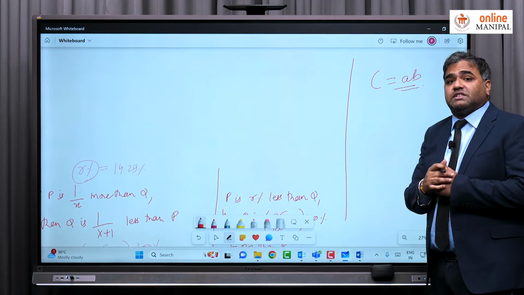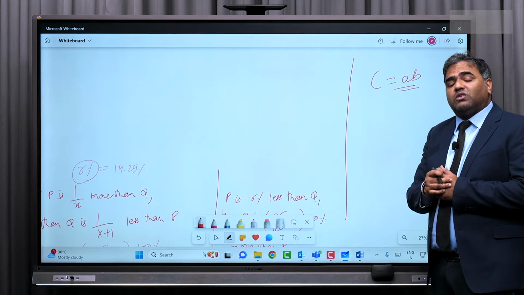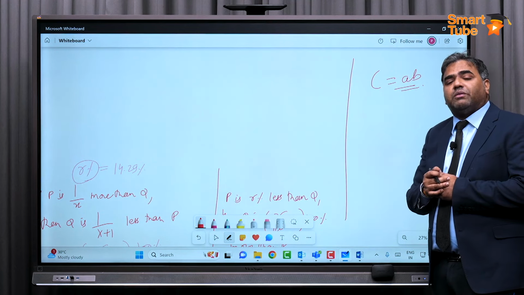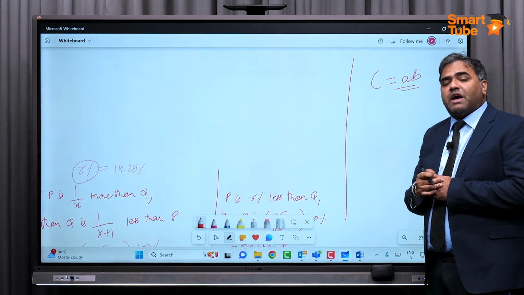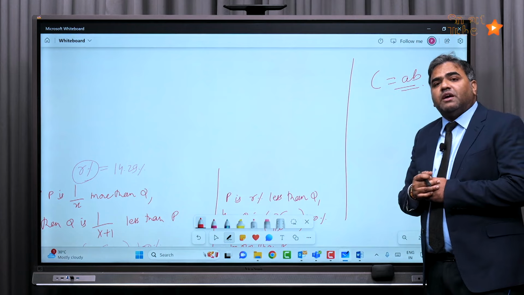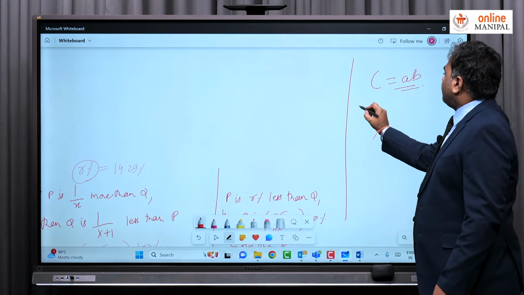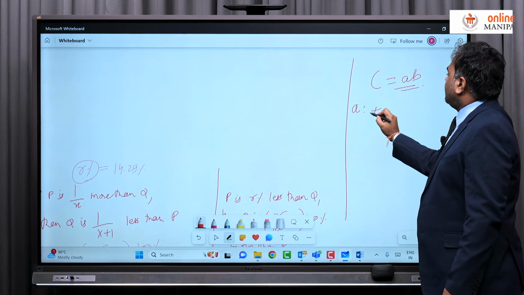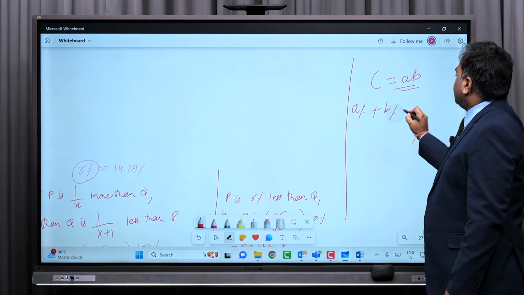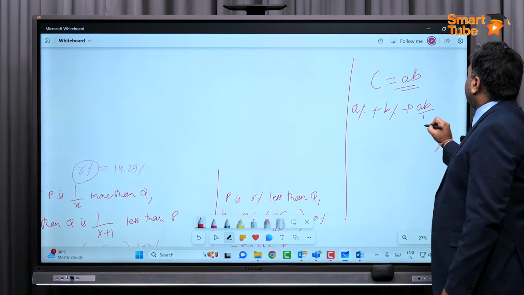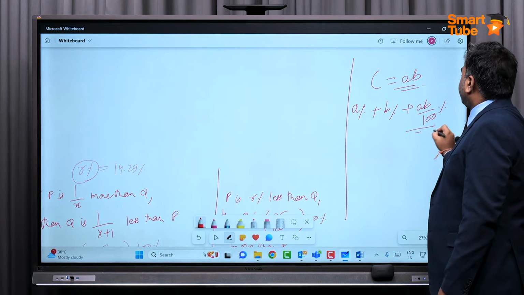We discussed that yesterday. I hope you remember, right? What was the formula? You can write it down in the comment option. Imagine if A changes by A% and B changes by B%, then what would be the net percentage change? That would be A% plus B% plus AB by 100%. That would be the net effect on C.